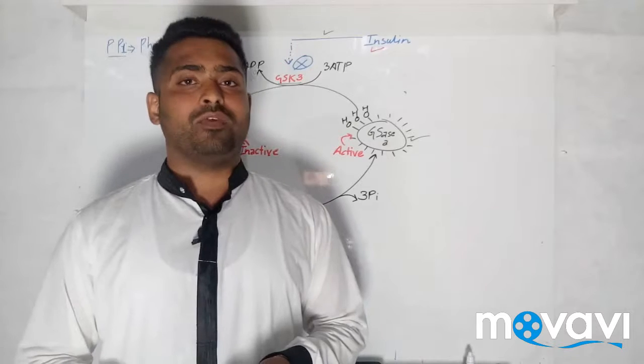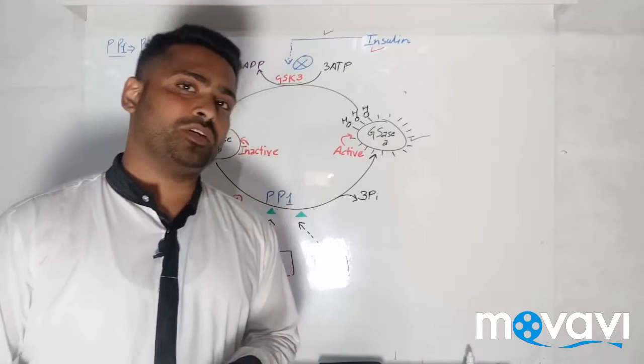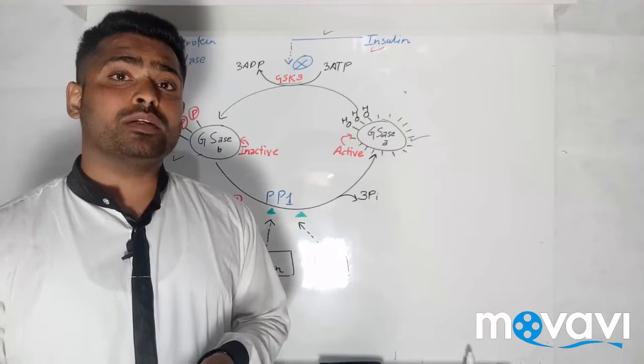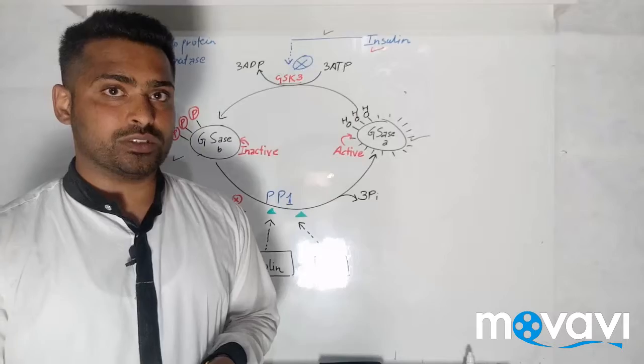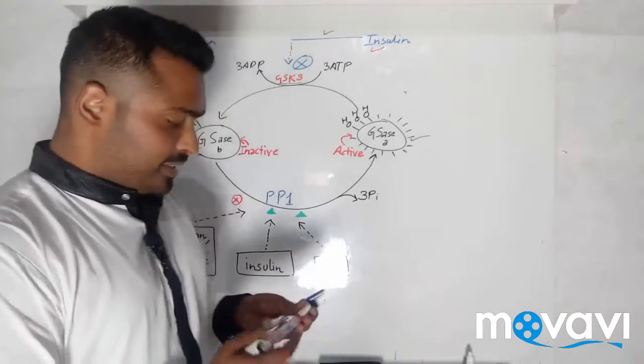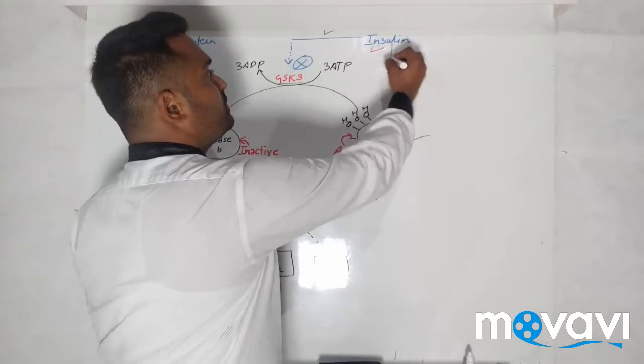What would happen when there is plenty of glucose available after a carbohydrate-rich meal? At that moment, we would want glucose to be stored as glycogen. In this case, another hormone is coming into play, that is insulin.